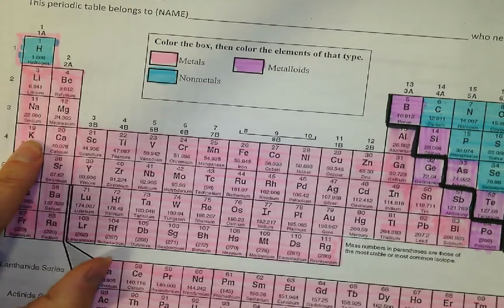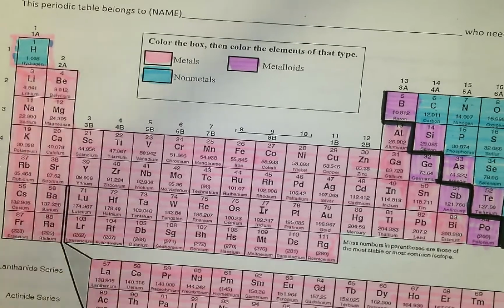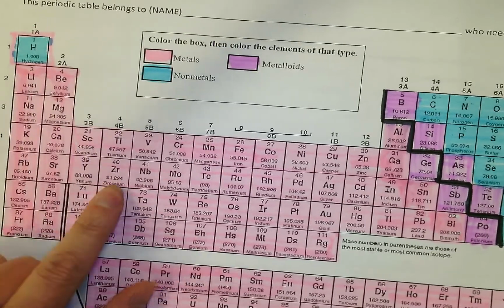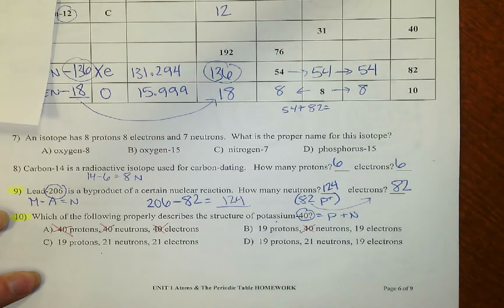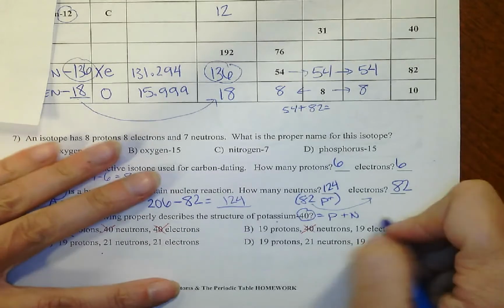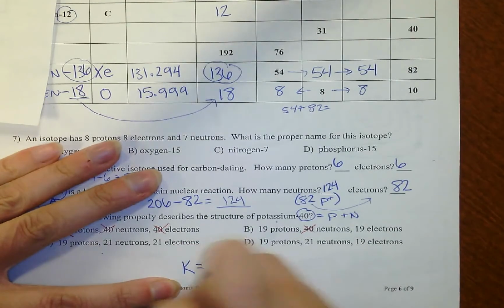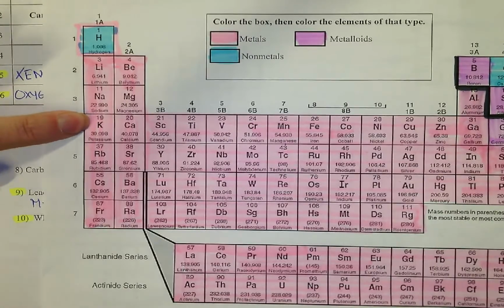Potassium always has 19 protons, or it's not potassium. 40 protons is zirconium. So it definitely doesn't have 40 of those, or 40 of those, or 40 of those. Not 40 there. So I've already eliminated A and B. In order for potassium to be potassium, 19 is my atomic number.